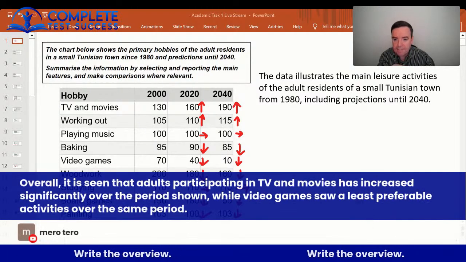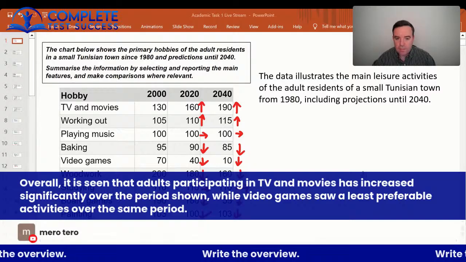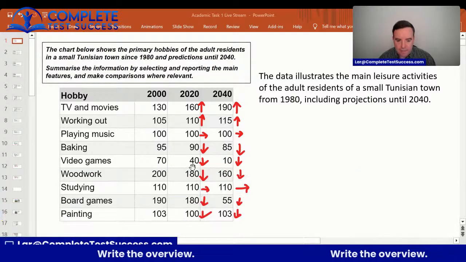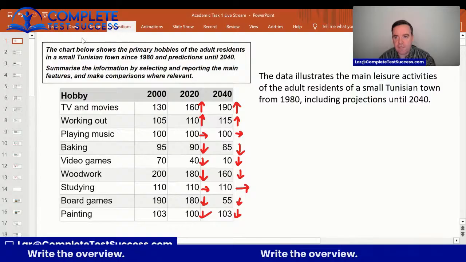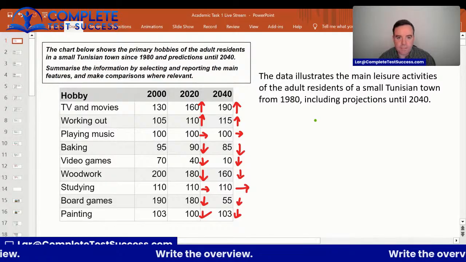Miro writes: overall, it is seen that adults participating in TV and movies has increased significantly over the period shown, while video games saw the least preferable activities. So what you've done here, if you decide to go with highest and lowest, that's fine. If you decide to go with increases and decreases, that's fine. But you can't do a mixture.